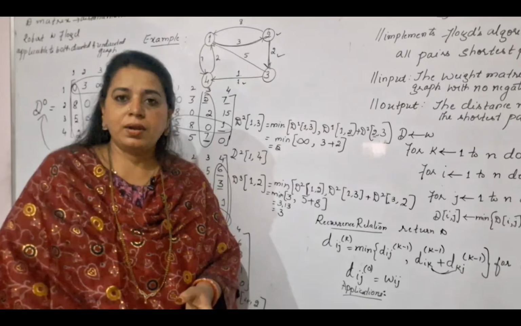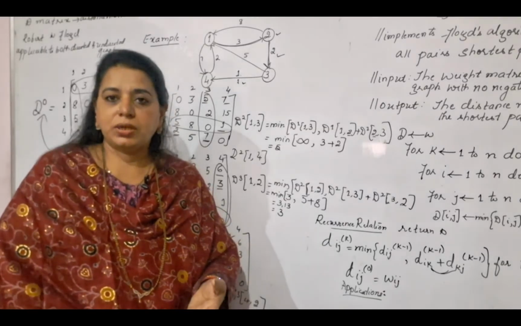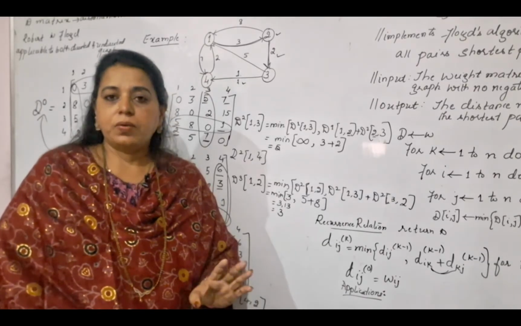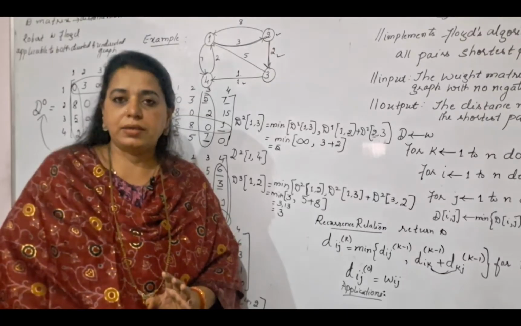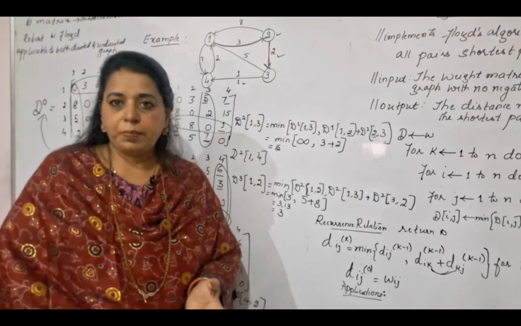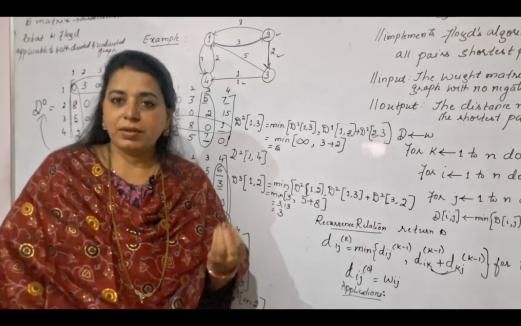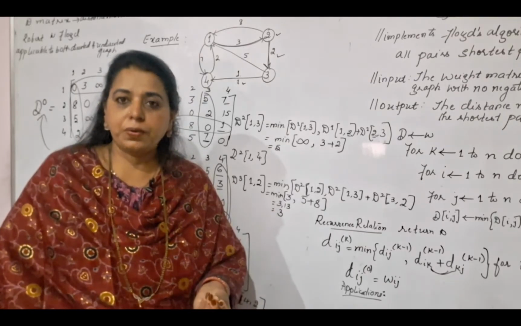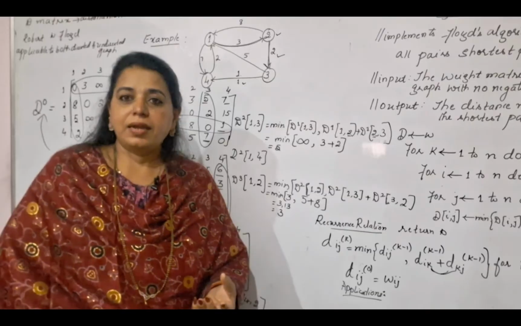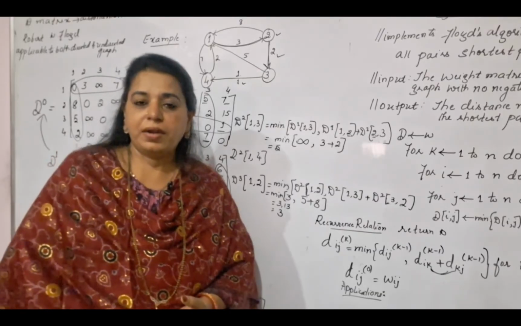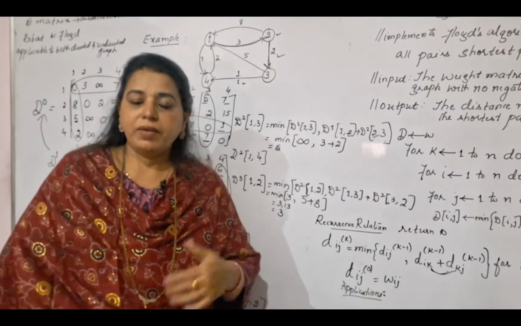So basically what we have done is we started with an initial distance matrix which has only values to reach directly along the edges. Later, as we proceeded with D1, D2, D3 and D4, we started including in D1 just one intermediate vertex, in D2 two intermediate vertices, in D3 three, and like that we keep increasing the number of intermediate vertices. And how did we get these values?